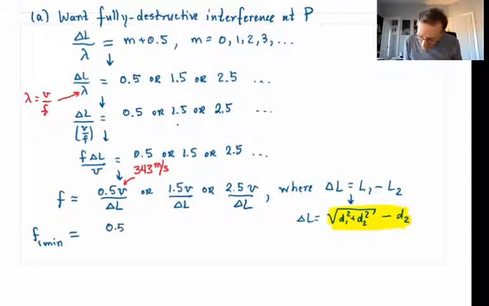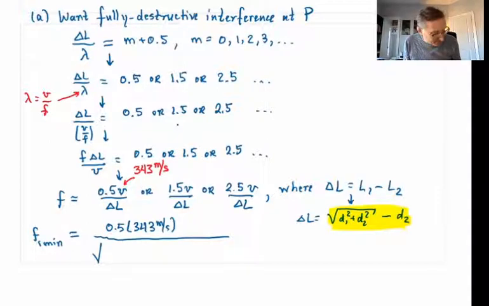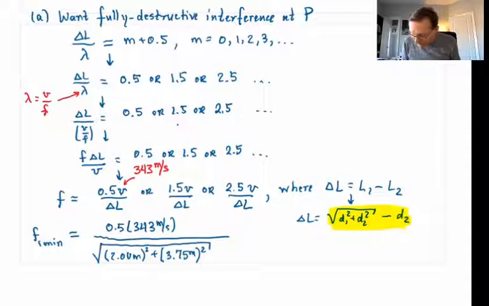So 0.5 times 343 meters per second over delta L, square root of 2 meters squared plus 3.75 meters squared, square root, minus D2, 3.75 meters.